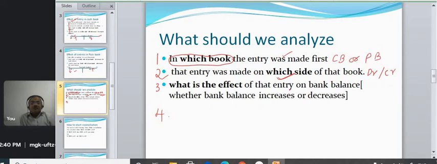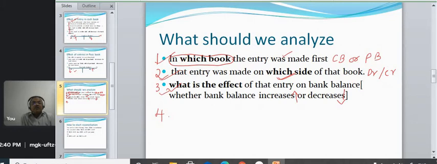After analyzing the side, you must know the effect of the entry on the bank balance, that is, whether bank balance increases or decreases. So first understand in which book it was entered first, then on which side it was entered, then analyze what the effect is.